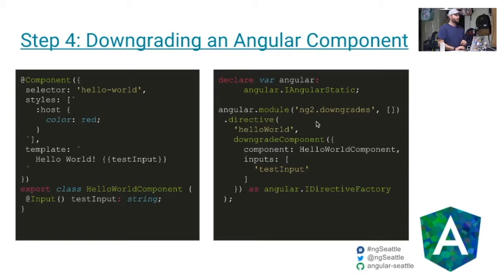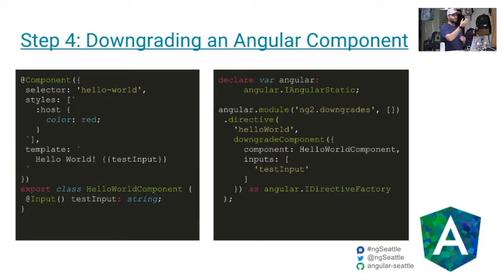And then you have to create a new module that you're going to include when you bootstrap AngularJS. Any modules that you create, you have to include. I create just a single module, which I put all of my downgrades into. And then when I bootstrap AngularJS, I just include that ng2.downgrades module, and then I have access to them in AngularJS.